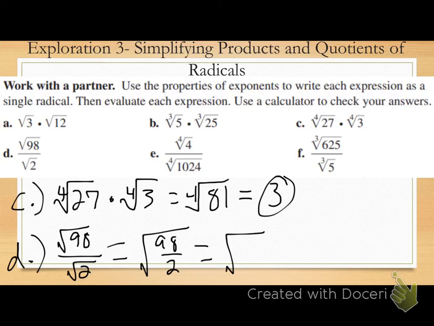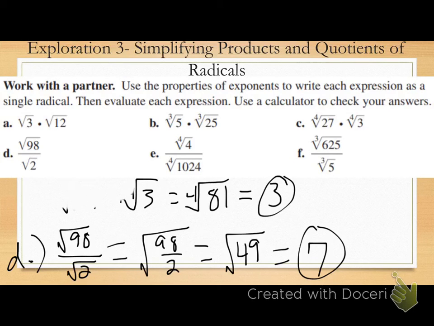What is 98 divided by 2? 49. Yep. Does everyone see that? Once again, you can work either way on this. You can break it down like this, or you can put it together like this. Square root of 49 is 7. Questions on D? Not too terrible?